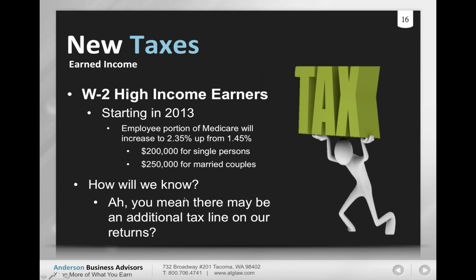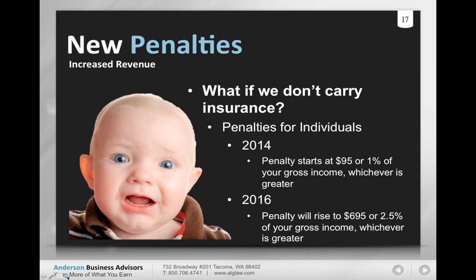But the thing to keep in mind is that you could experience a real shock, and I know 0.9% isn't much of additional tax that you'd have to pay, but you could be hit with an extra tax penalty if you exceed this as a couple or even as an individual and the company does not withhold that extra 0.9%. And yes, the bottom part there is going to be an additional line on the tax returns that will help you make sure that you do not miss this additional tax that is due to poor old Uncle Sam.